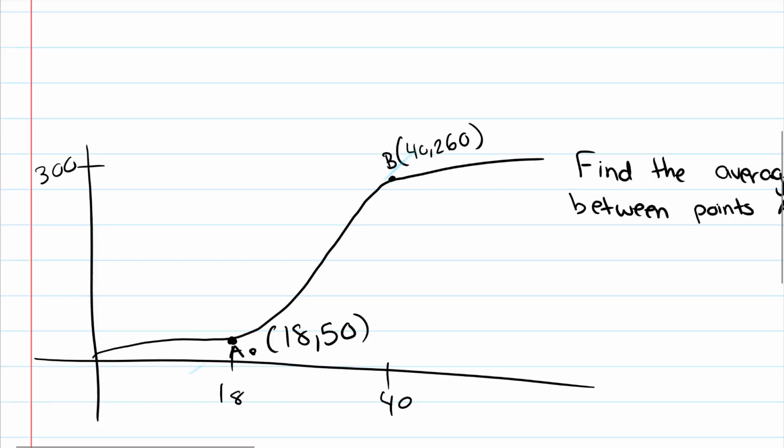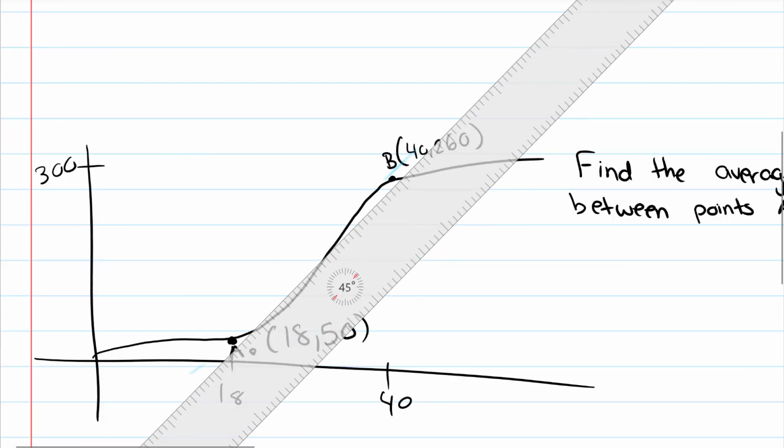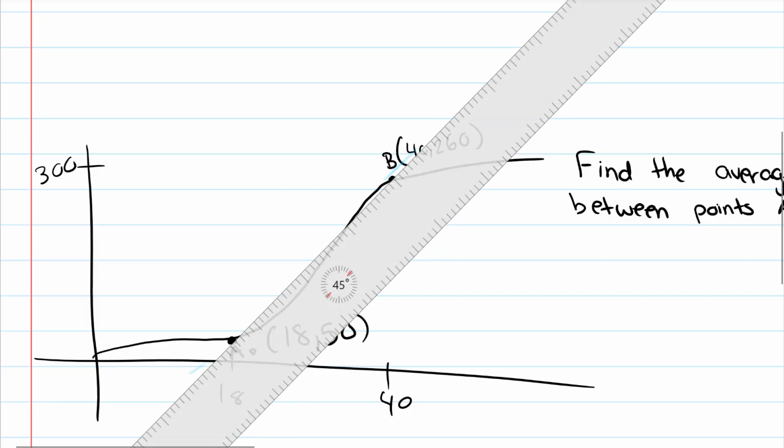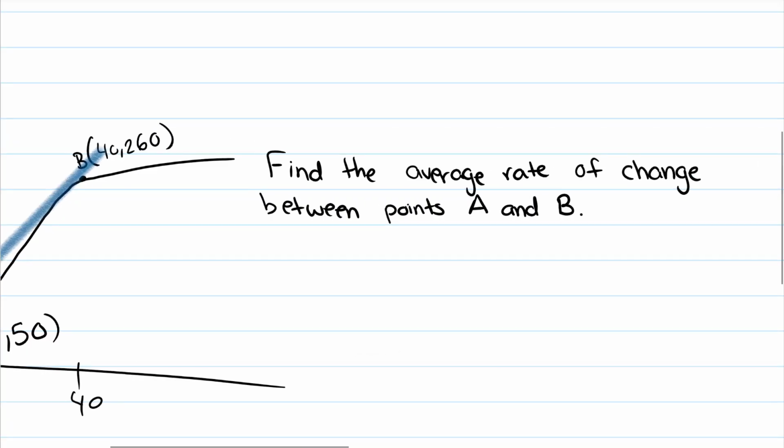So here's a graph that's a continuous function. And what we're going to do is find the average rate of change between these 2 points on the graph. In order to do that, we're just going to use the same formula that we've been using, which is delta y divided by delta x.